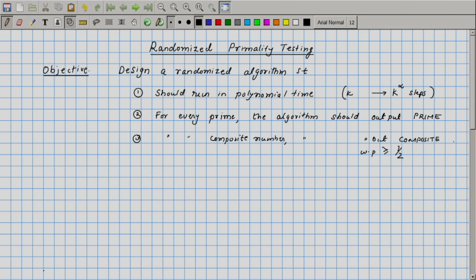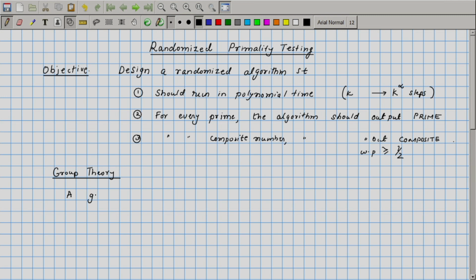Okay, so, we will use some elementary principles from group theory. Let us initially understand what a group is.